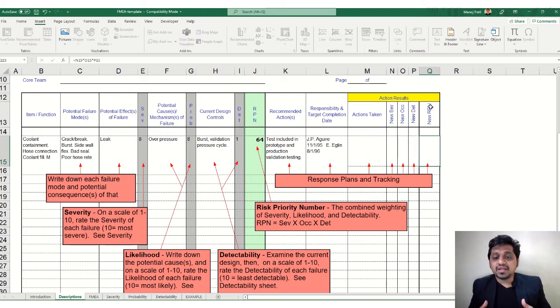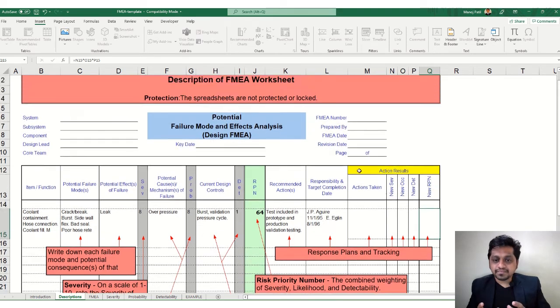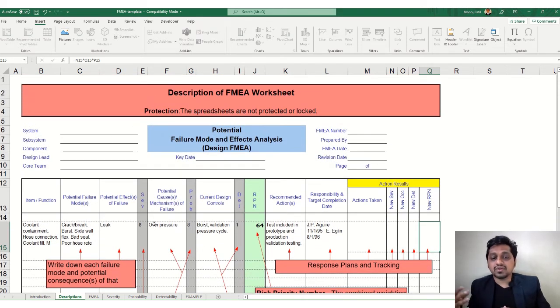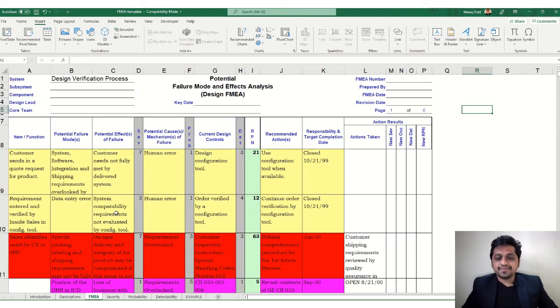What does it mean? It means what actions you have taken, what additional things you have given, and before that the RPN is this much, and after including the factor, how it has improved. So this is how the FMEA is carried out, and this is a very important document.